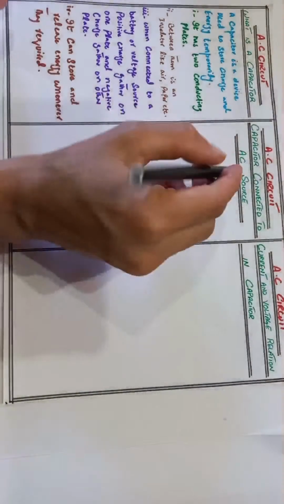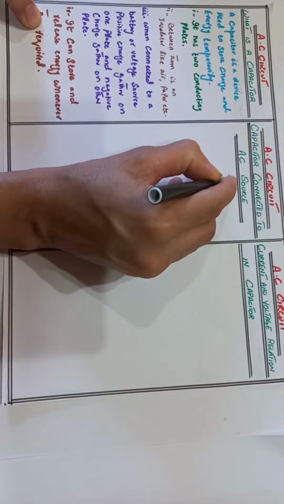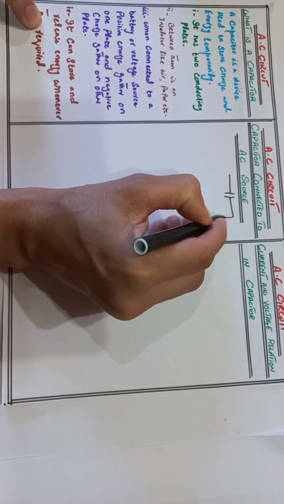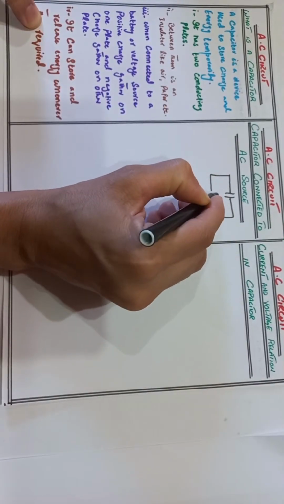Okay, now here we draw the circuit diagram. In the circuit diagram, we take the capacitor and connect it to the AC source.